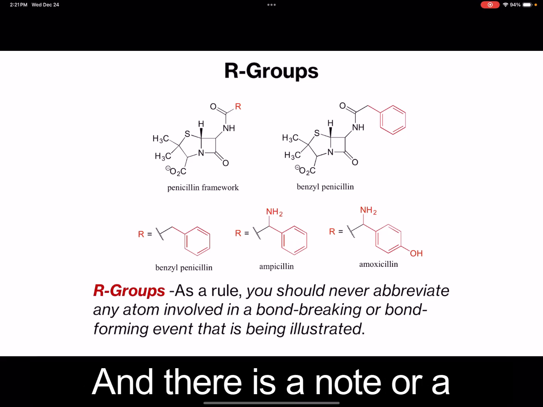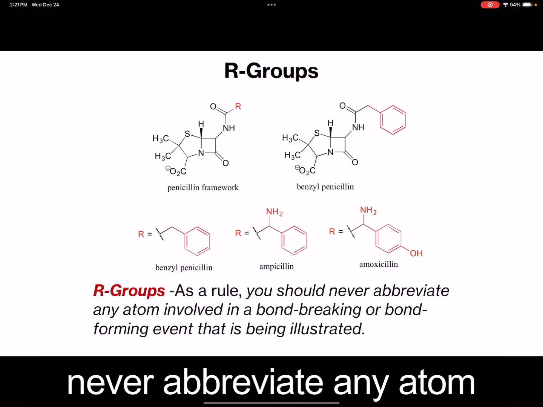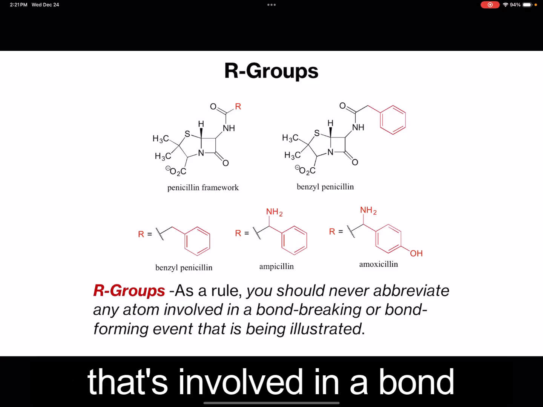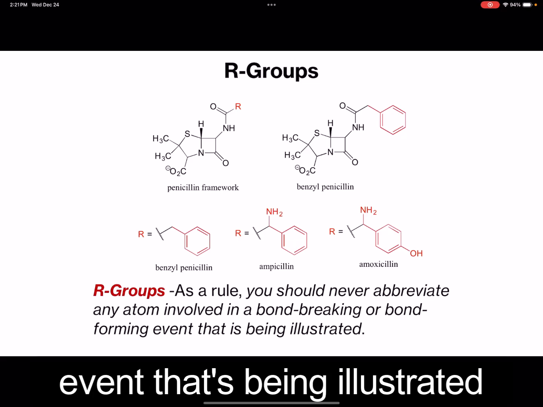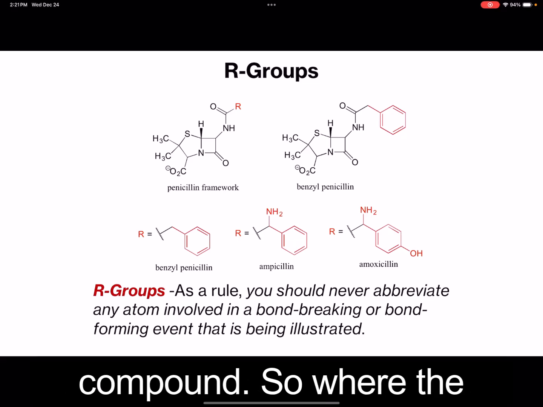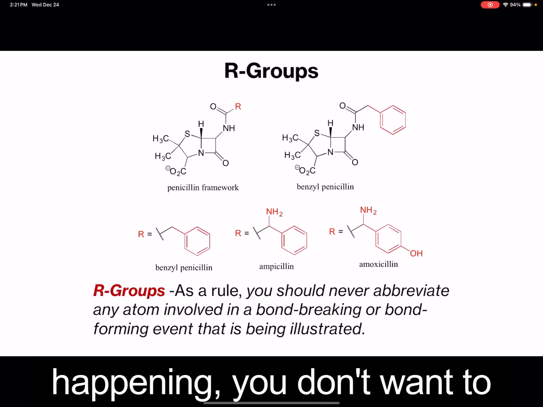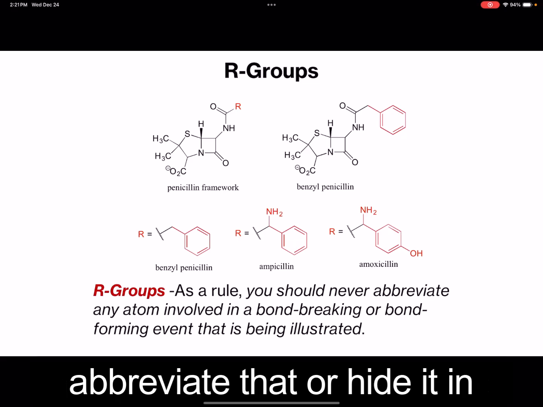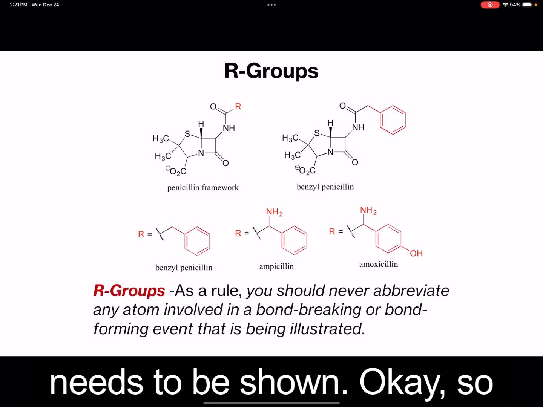And there is a caveat. As a rule, you should never abbreviate any atom that's involved in a bond breaking or bond forming event that's being illustrated with a compound. Where the chemistry is actually happening, you don't want to abbreviate that or hide it in an R group. That needs to be shown.